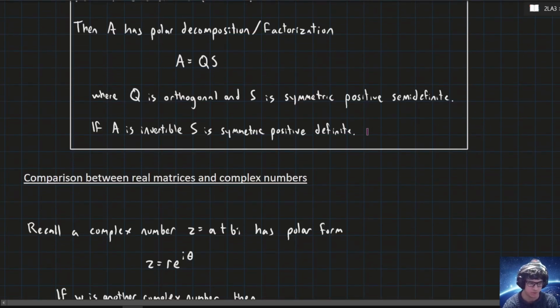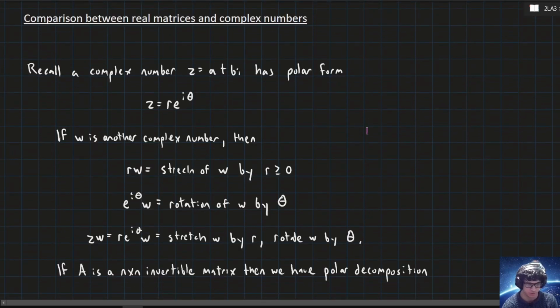So let's just recall these facts about complex numbers. If we have a complex number z, then its polar form was like this. We write z equals r times e to the i theta.